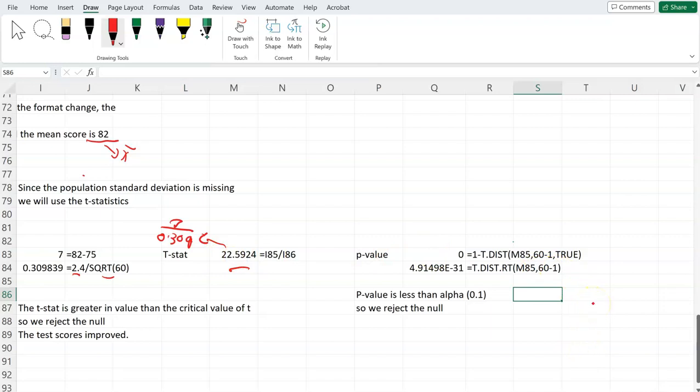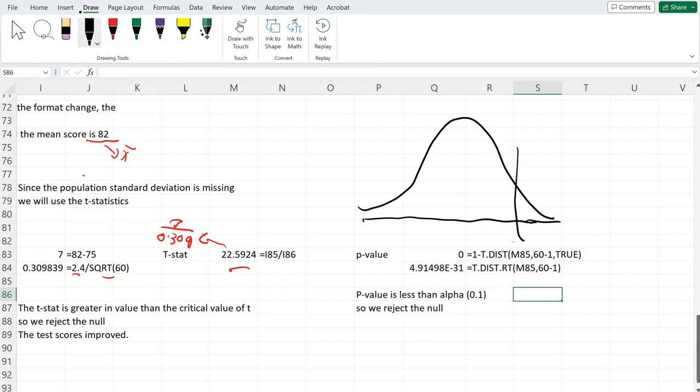The reason is, whenever Excel uses distributions, it always finds the area to the left.